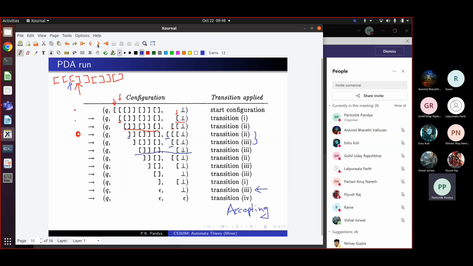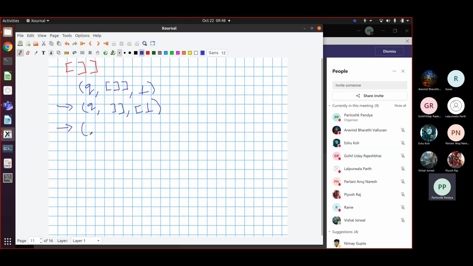So you are right. What configuration will I get? State will be Q. What will be left of the input string? Close bracket. And what will be on the stack? Only bottom. Yes, because this will be cancelled off against this closing bracket. So this is what we get.